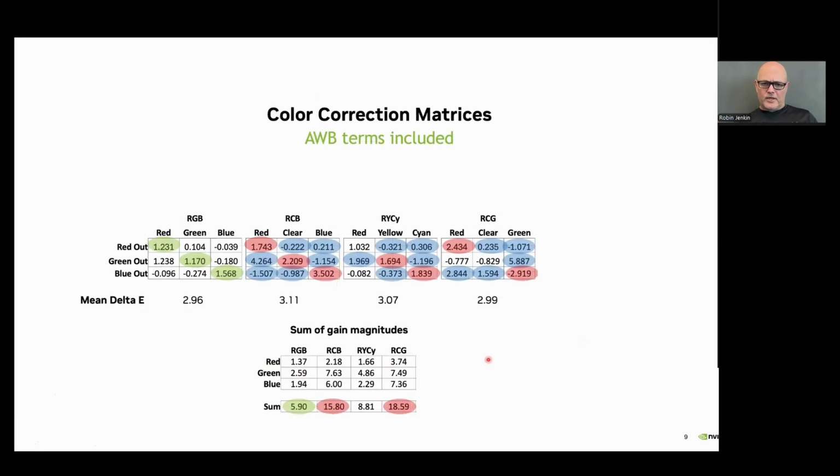One of the interesting things, this RYCY, and this is what dropped out of the first work, this RYCY actually isn't as bad as it initially seems. And the only thing really stopping it from being a little bit better is it seems that we have to add a lot of red and yellow to balance the cyan to generate our green.